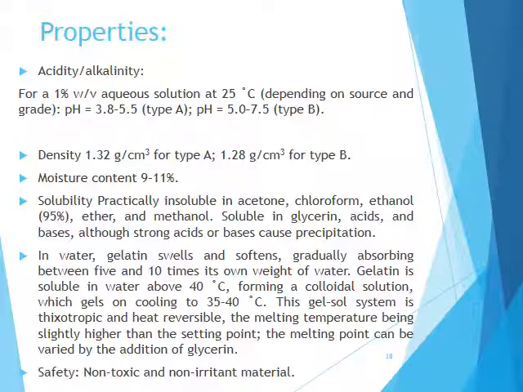The moisture content is 9 to 11. Here is some information about the solubility and how the excipient behaves inside water. Generally this excipient is considered a non-toxic and non-irritant material.